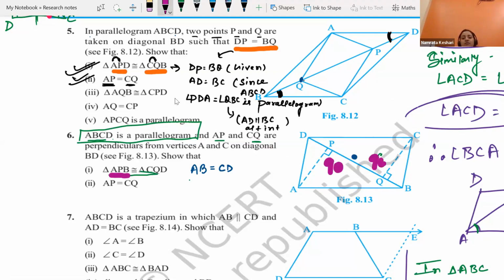Can you see that? Yes or no? Yes, ma'am. Then why were you not saying? It is clearly visible. Yes, the rest of the students, everyone, can you see it is clearly visible?